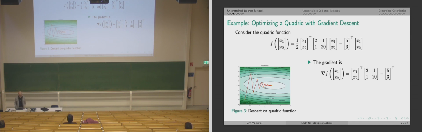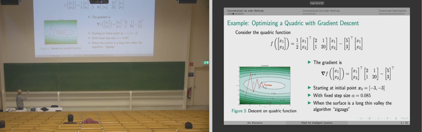We can then query, using the closed form expression of the gradient, what the gradient would be at every single point. We set a starting point and a fixed step size of 4.085 here. What you see is that we have a thin valley, and the gradient descent algorithm is basically zigzagging here. That's a little bit of a problem.